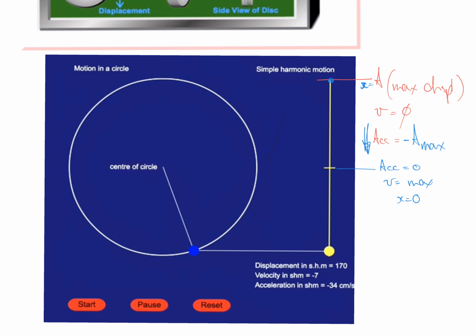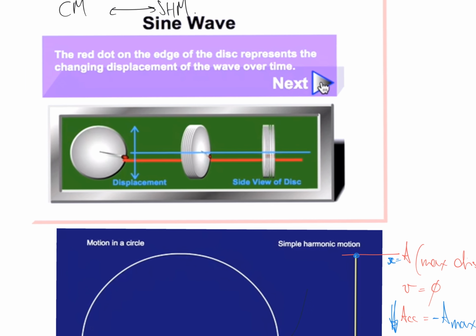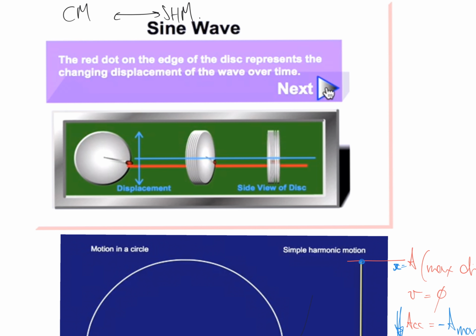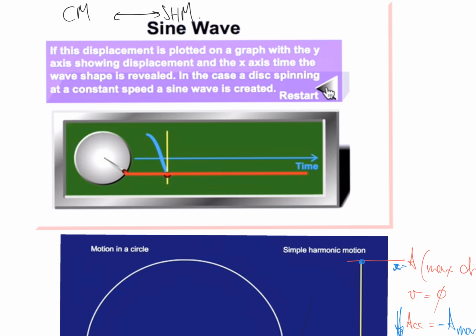Now that will be useful when we start to devise the maths around this and understanding what's going on with the maths. So if we've got an appreciation of what simple harmonic motion is, let's come back up to the top and have a look at how that might be traced out. Now what we have here is we're imagining the time and the displacement.